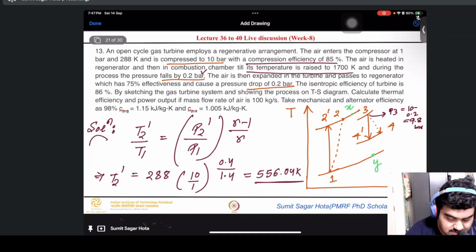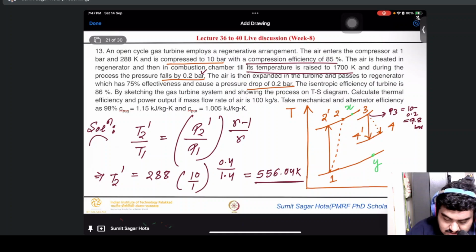Because you know very well whatever the pressure at T1, that same pressure remains unchanged at Y. So in the Y position the pressure will always be 1 bar.